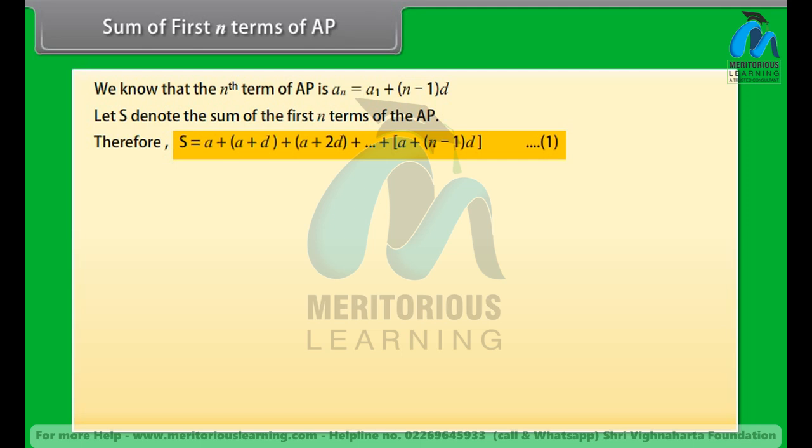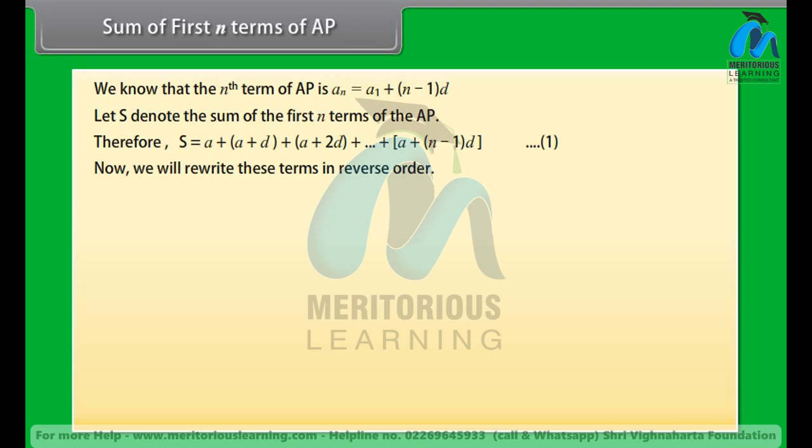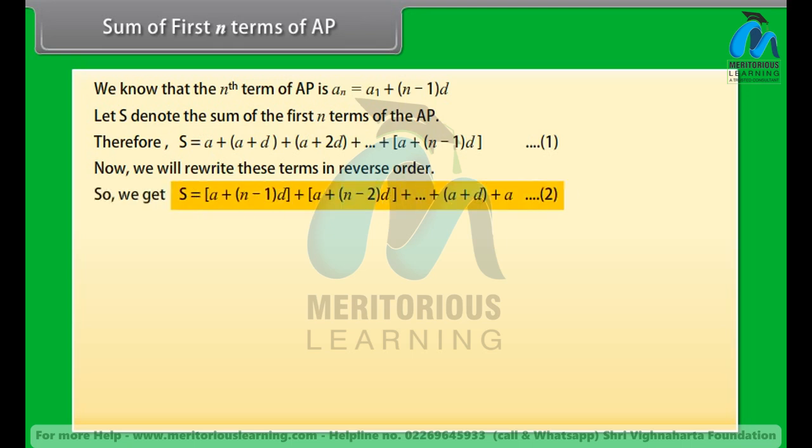Mark it as equation 1. Now we will rewrite these terms in reverse order. So we get S is equal to (a plus (n minus 1)d) plus (a plus (n minus 2)d) plus and so on plus (a plus d) plus a. Mark it as equation 2.